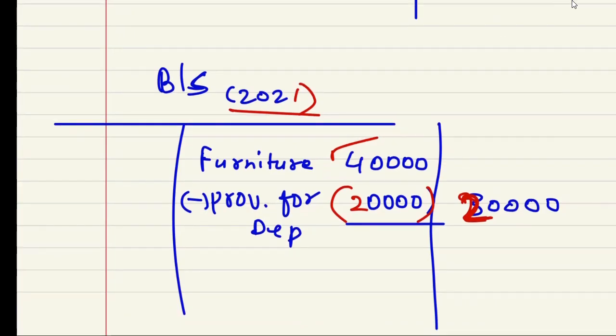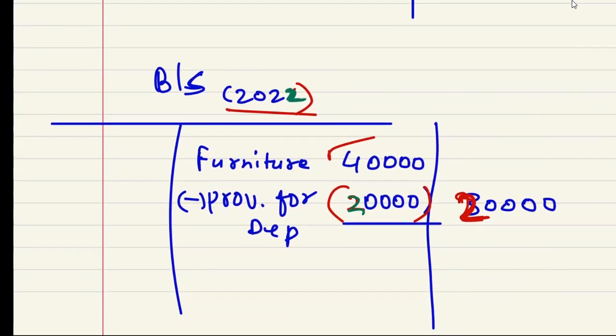So coming to the last balance sheet part. My balance sheet for 2022 will show the provision for depreciation at 30,000, because now the third-year depreciation is also charged, and in the amount column your asset will remain at 10,000, but the furniture account will remain the same at 40,000 only.